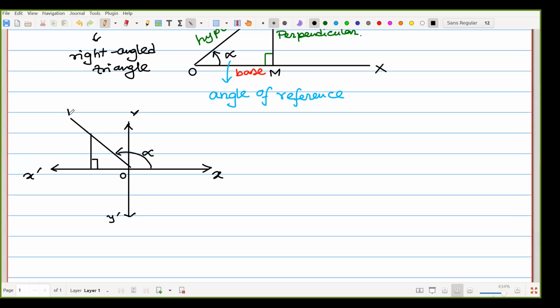We know OP is the revolving line, and P is here and M is here. So the diagram should be like that, when we have the coordinate of P is X, Y.